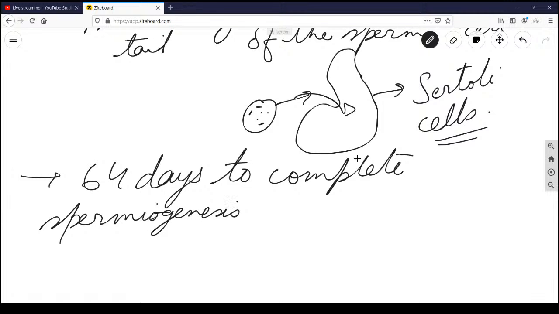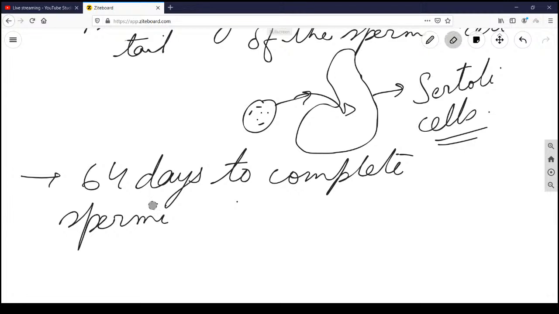Okay, 64 days means since the inception of spermatogenesis to the completion of spermiogenesis, it takes almost 64 days. Spermiogenesis, 64 days to complete.